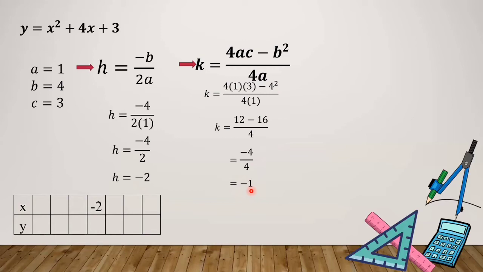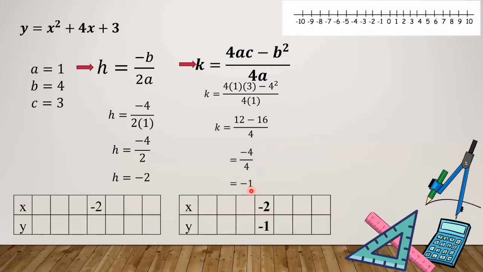The next, for example, this is the number line, or the x-axis. The next step that we are going to do is to set the x values. So to set the x values, we get the 3 numbers at the right side of negative 2, which are negative 1, 0, and 1.